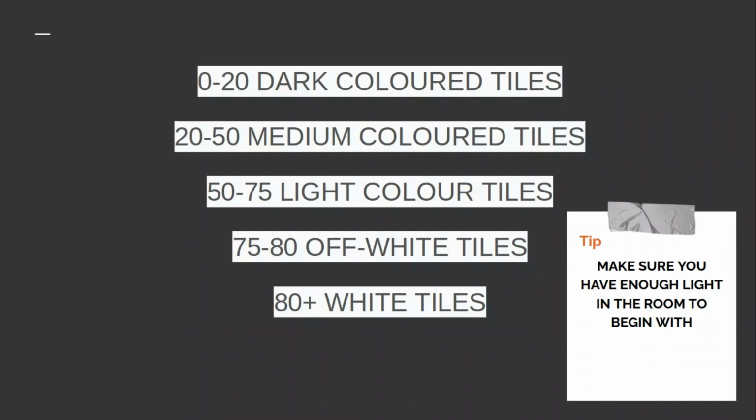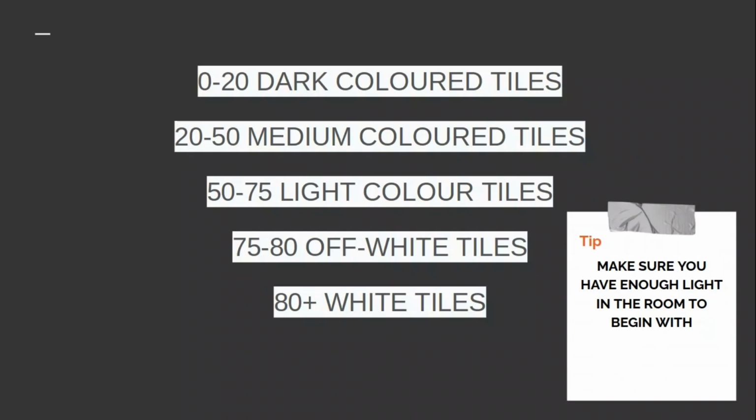The next category, 50 to 75, these are the light colors. Now we're getting away from the darks and into the higher LRV values. Remember, this is about the three-quarters of the way range as far as LRVs. So we're going to expect that the spaces we put these in are going to reflect quite a bit of light.